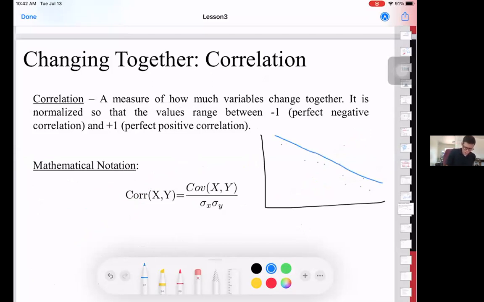This might be a negative correlation of -0.8. And then it's actually quite common, you can have a correlation that's basically 0. So say you've got all this variation in X and Y, and the line doesn't really point in any direction and it doesn't fit the data very well. This will be a correlation of about 0.